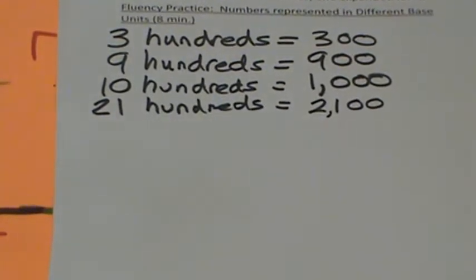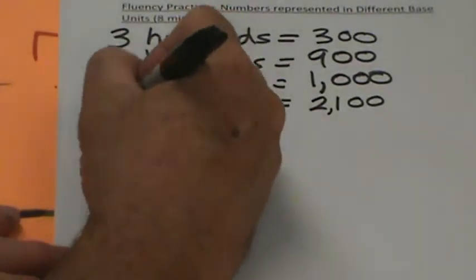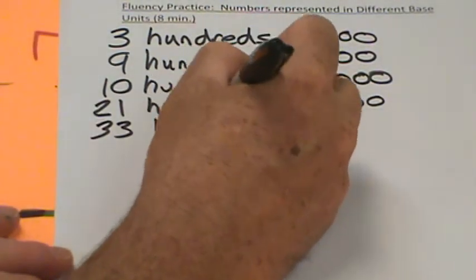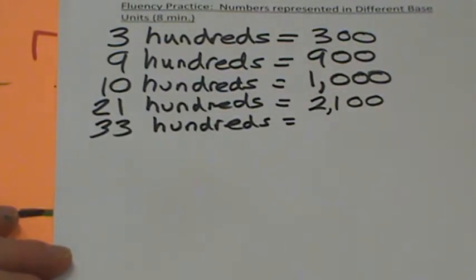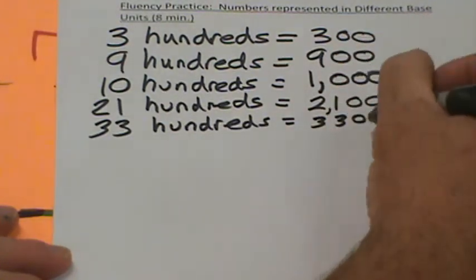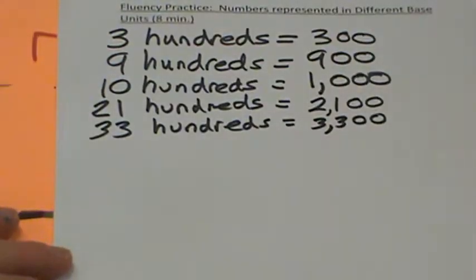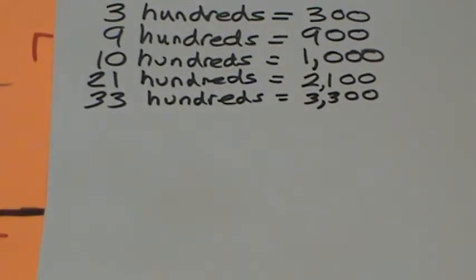All right, let's move right along, and we're going to do 33 hundredths. What does 33 hundredths equal? Well, think about it. 33, 2 zeros, 1, 2, 3, comma, and we're there.